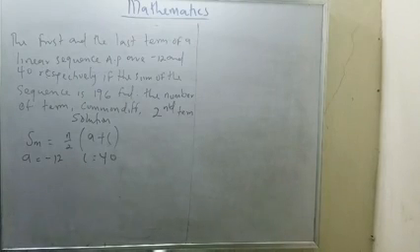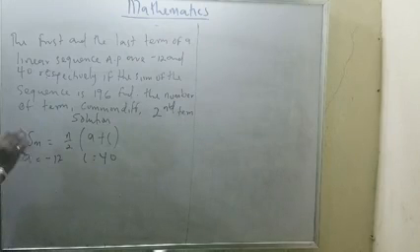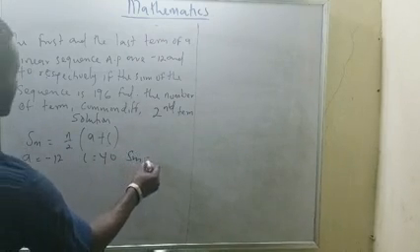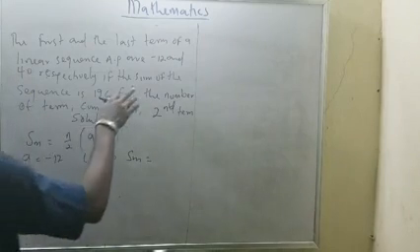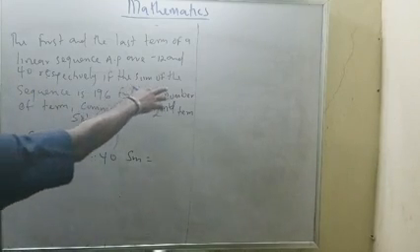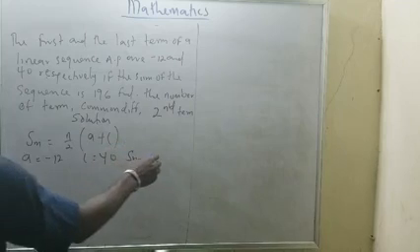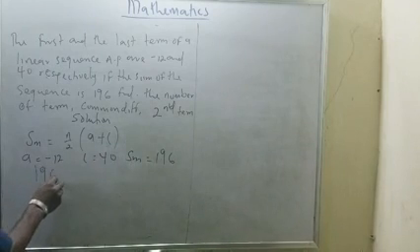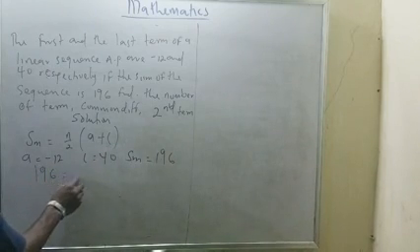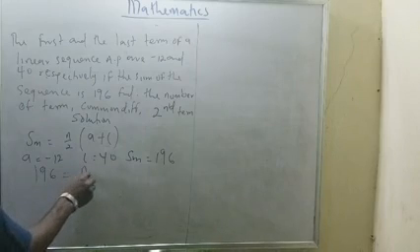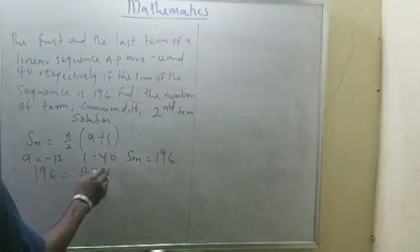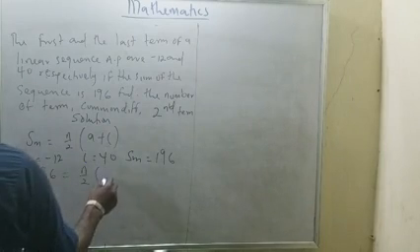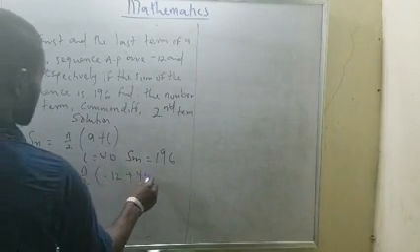Now, how do I go? I must generate something. If the sum of the sequence is 196, I take the first step: 196 equals n all over 2 bracket of minus 12 plus 40.